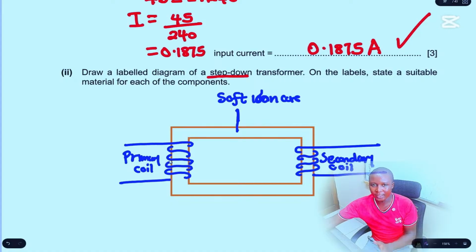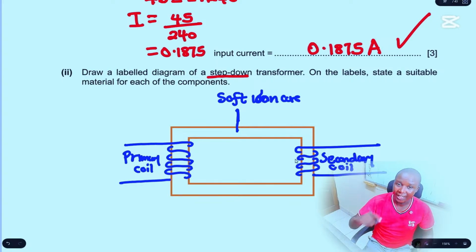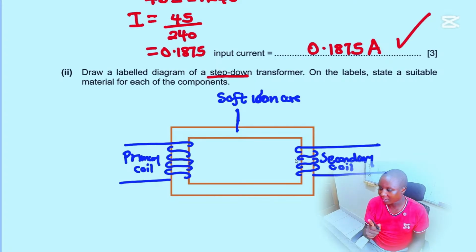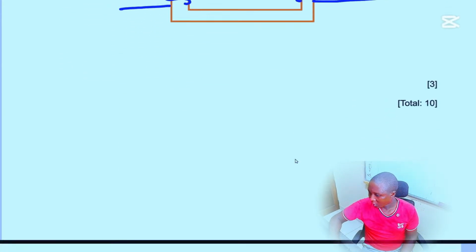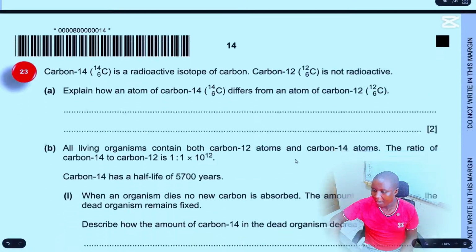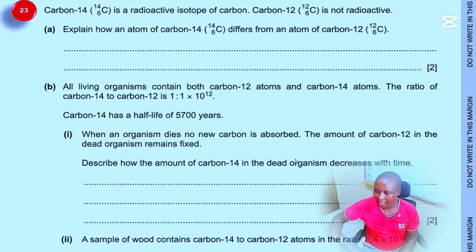How this transformer works is that when alternating current flows through the primary coil, it will create magnetic fields which are constantly changing size and direction. This magnetic field will cut through the secondary coil, inducing an EMF in the secondary coil, thus a current flows.